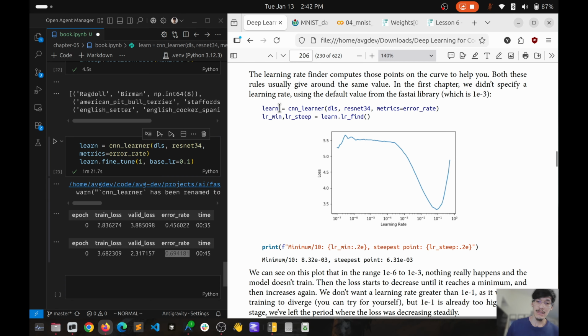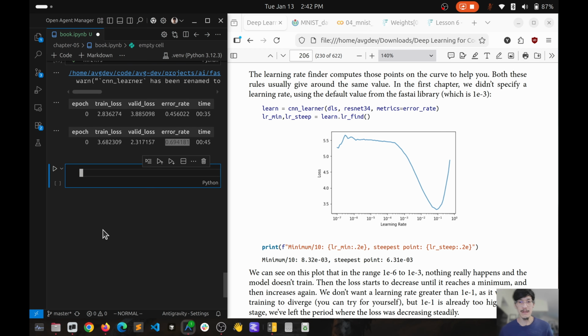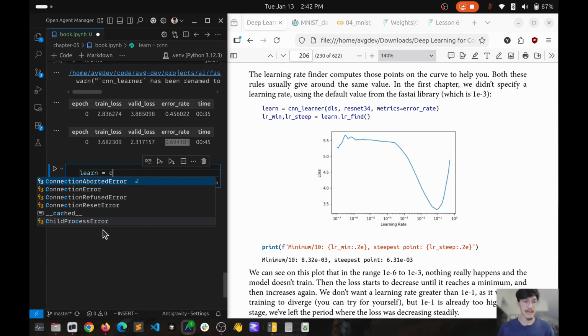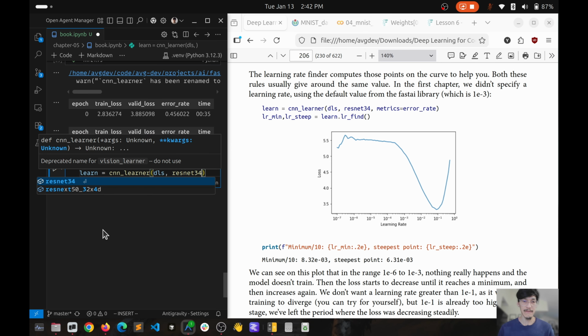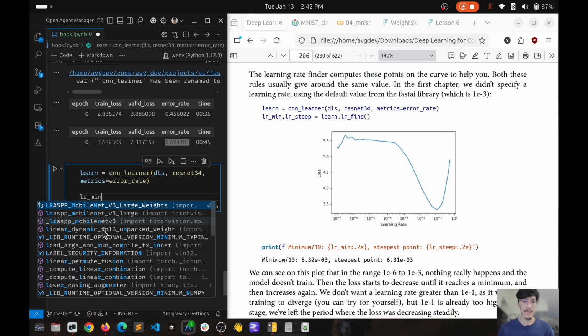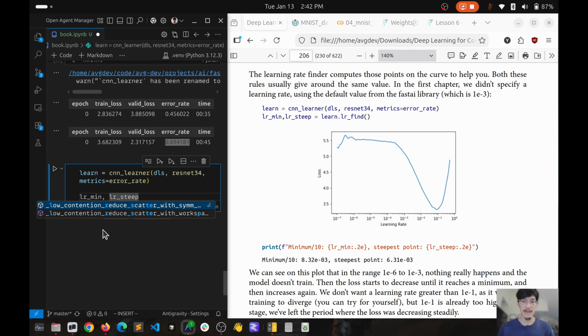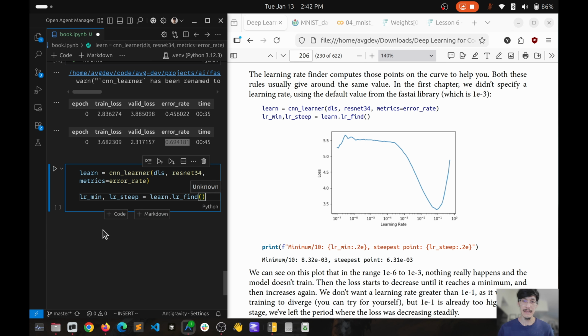Okay, so we can use this. So let's find our optimal learning rate. So it's learn equals cnn_learner, dls, resnet34, metrics equals error_rate, and then lr_min, lr_steep equals learn.lr_find, based off of our dataset.